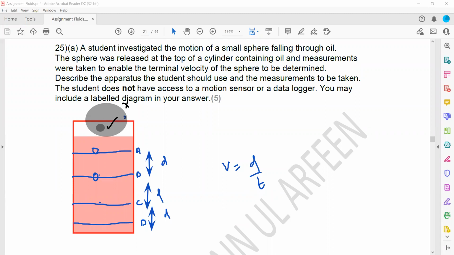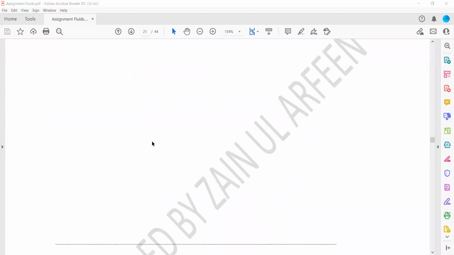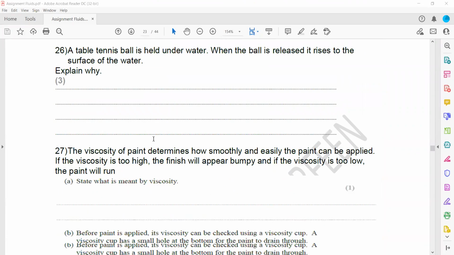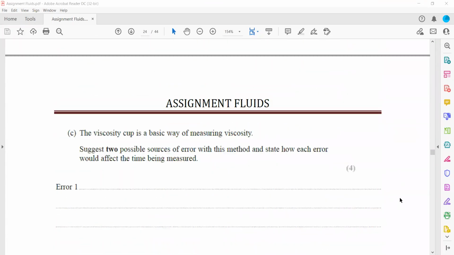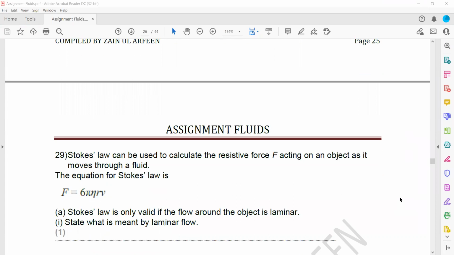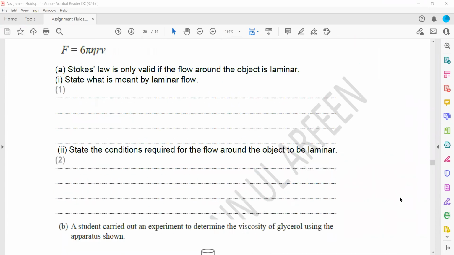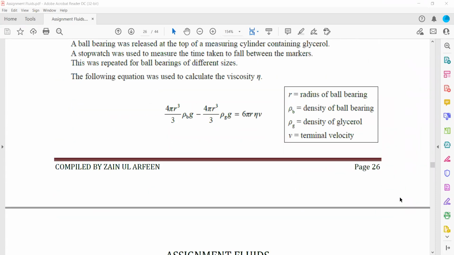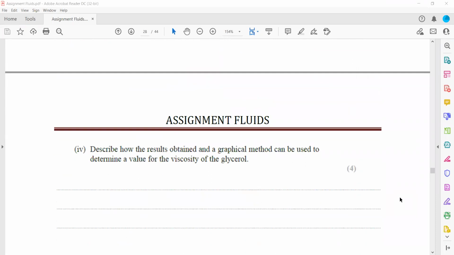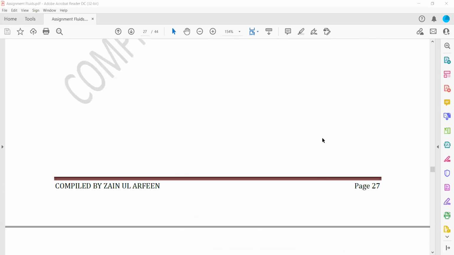Next is 29B4. Describe how the results obtained and the graphical method can be used to determine the value of the viscosity of glycerol.